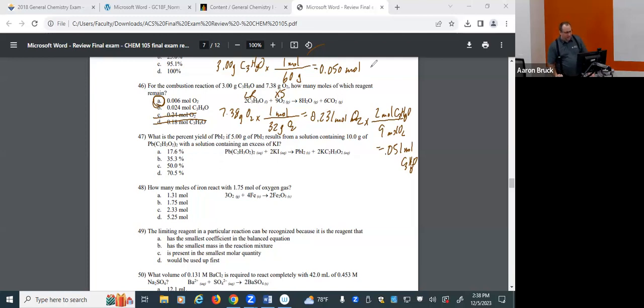If we did not have that intuition at our fingertips, we could certainly go the other direction here. 0.05 times 9 over 2 gives us 0.225.